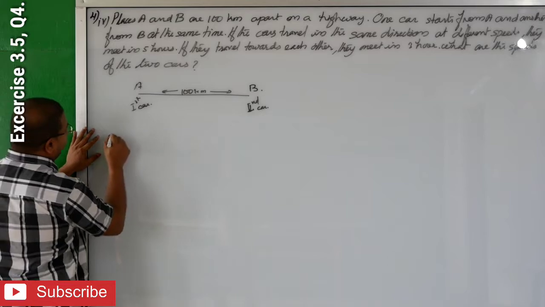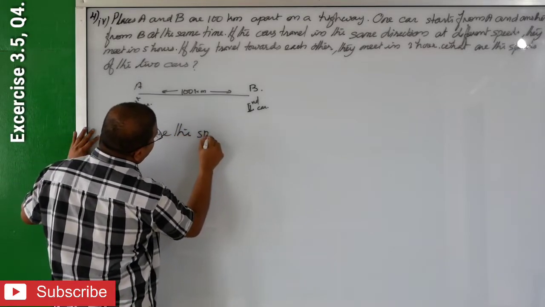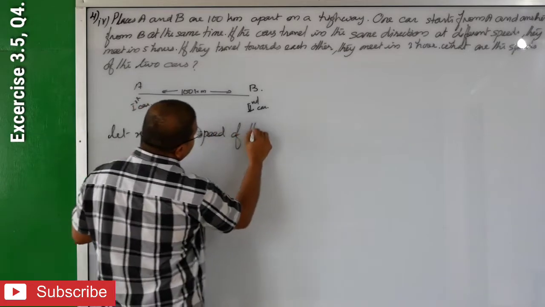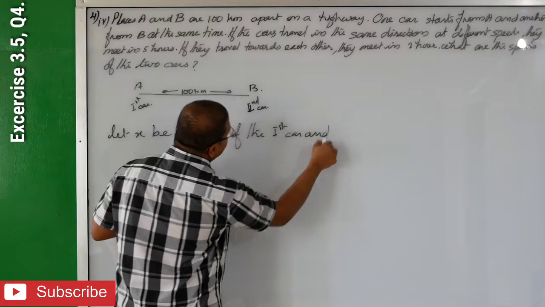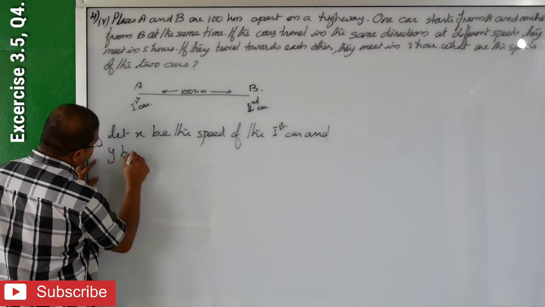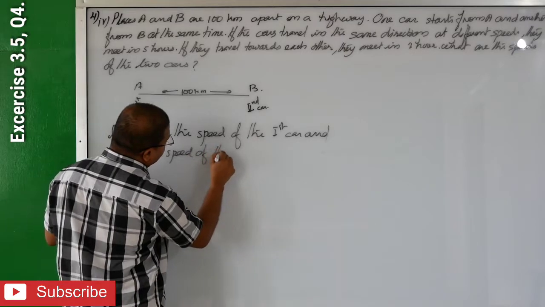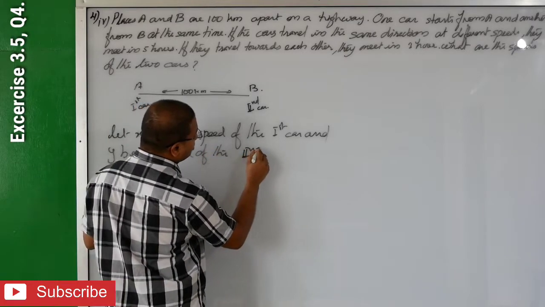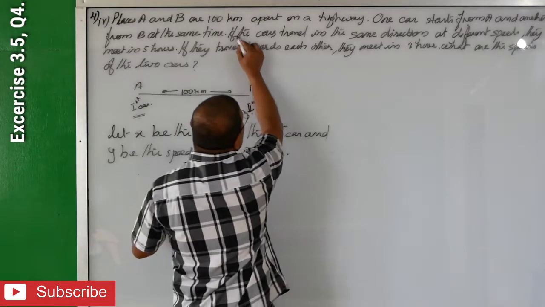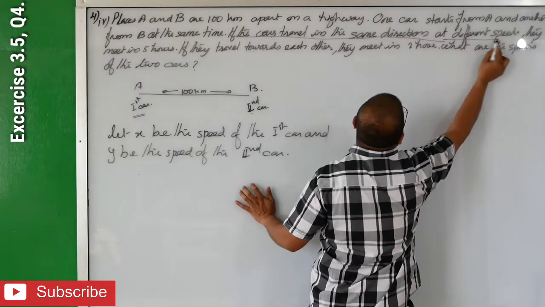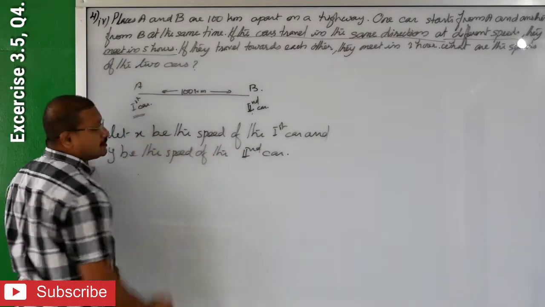So we will take, let x be the speed of the first car and y be the speed of the second car. Now see the question, if the cars travel in the same direction at the different speeds, they meet in 5 hours.